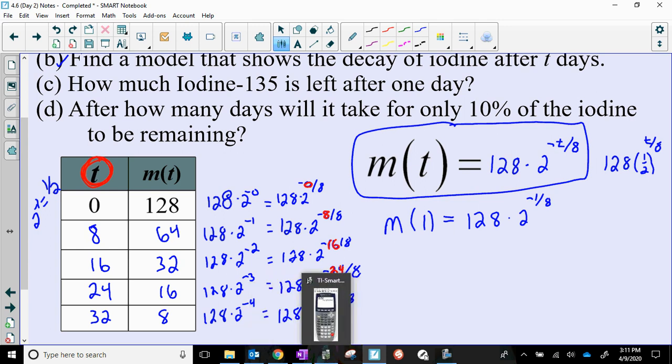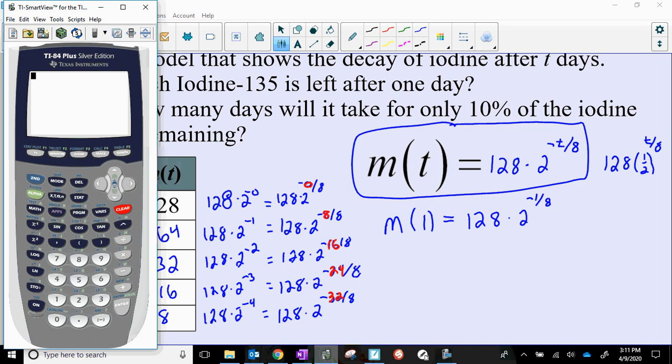So I'm just going to go grab my calculator, and I'm going to go ahead and put in my 128, that's my P, times 2 to the negative, that's my base is 1/2, that's why there's a negative there, and then 1 day, and it cuts in half every 8 days.